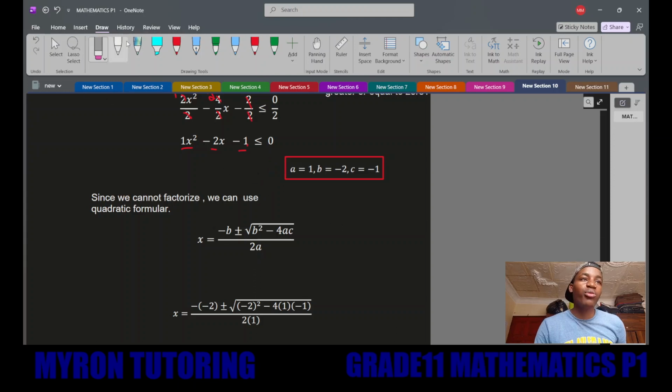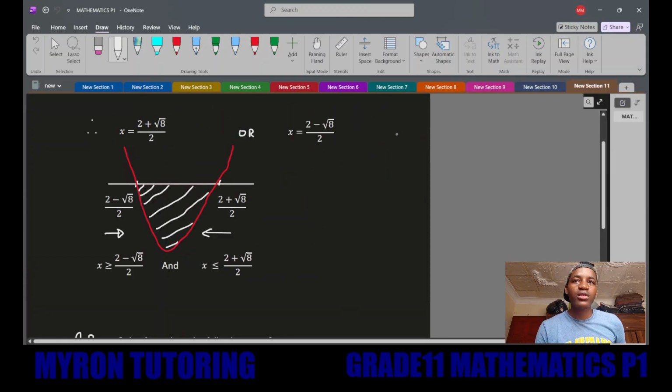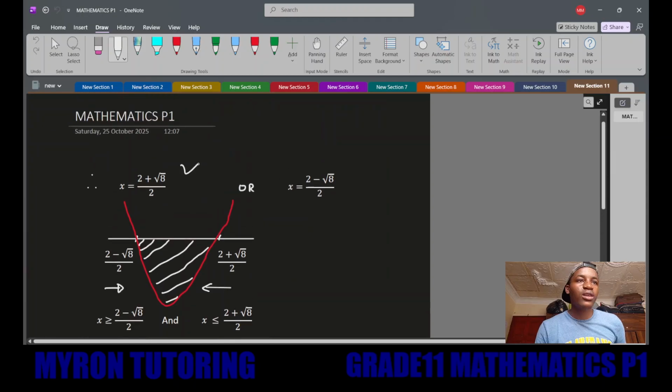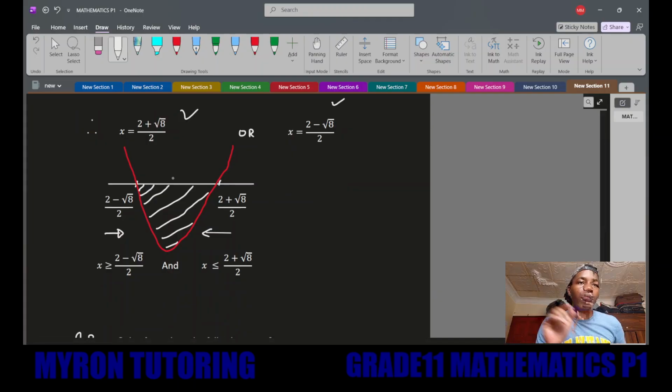If you get the chance, or if it comes out in the exam and you are required to use the quadratic formula with quadratic inequalities, do so. Do not be afraid, so that you can get your two values. Punch it into the calculator. It will give you the decimals so that you can know which one is greater than which.